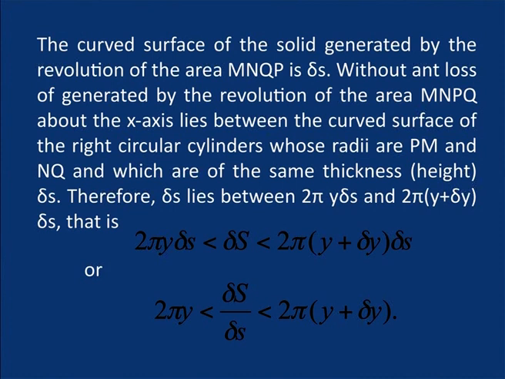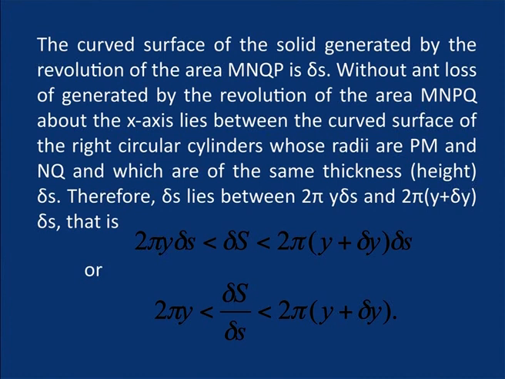Therefore, delta S lies between 2 pi y delta s and 2 pi (y plus delta y) delta s, that is, 2 pi y delta s is less than delta S less than 2 pi (y plus delta y) delta s.